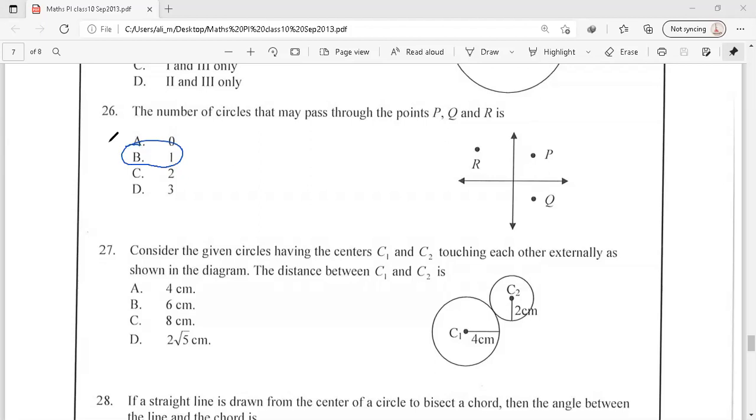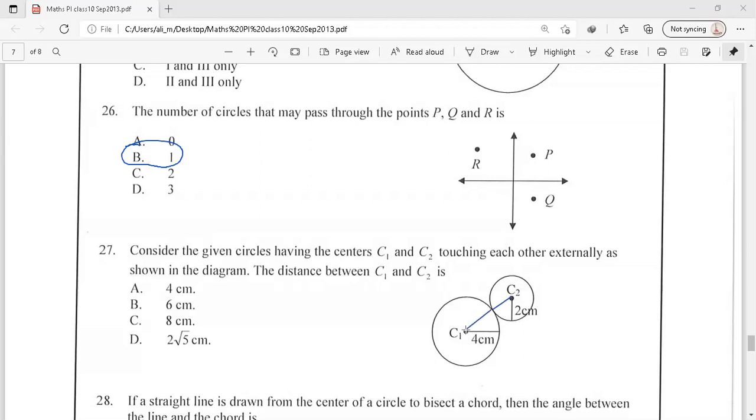Then in 27 we have two circles that are touching externally, and the radii of these two circles are given as 4 centimeters and 2 centimeters, and we have to find the distance between the centers of these circles. In this circle, this line represents the radius that is equal to 2.